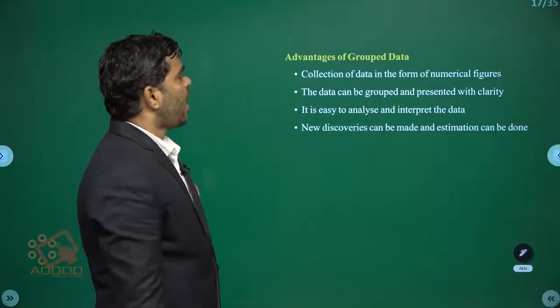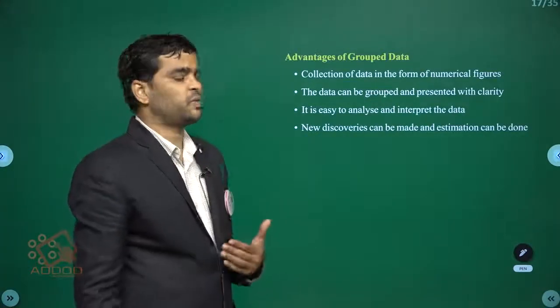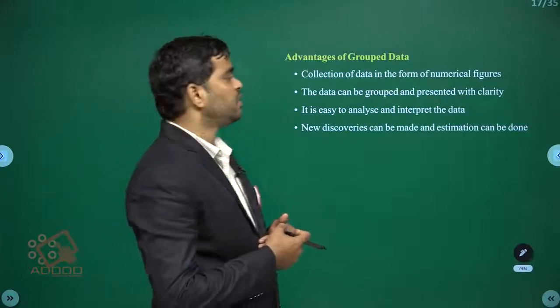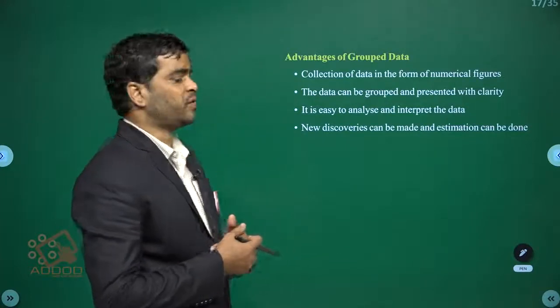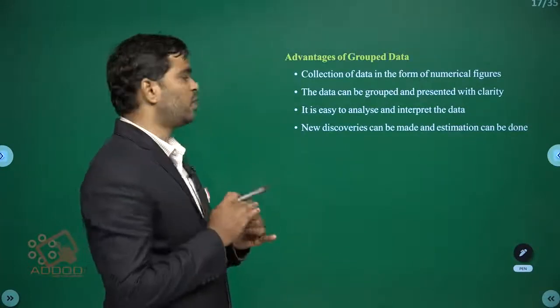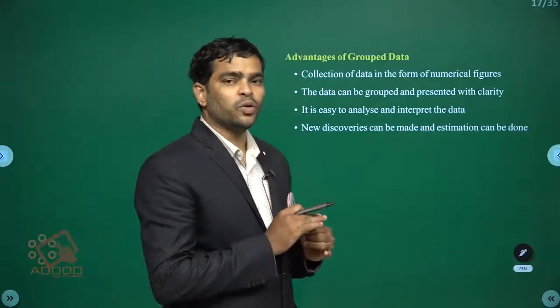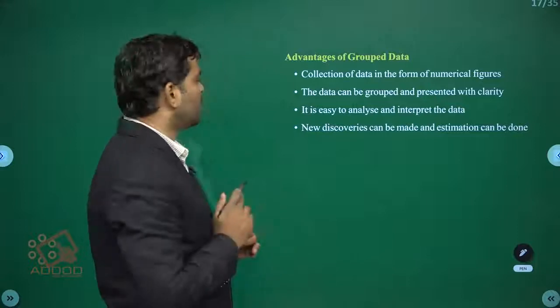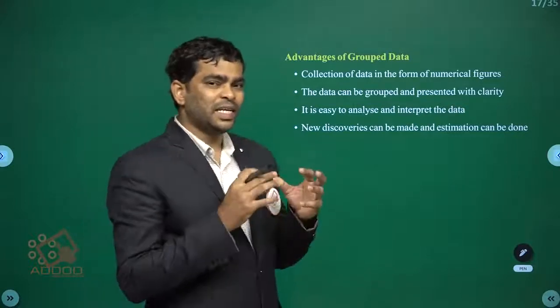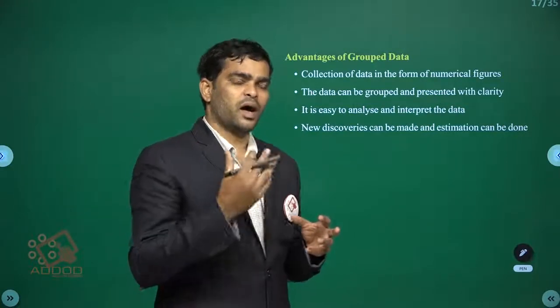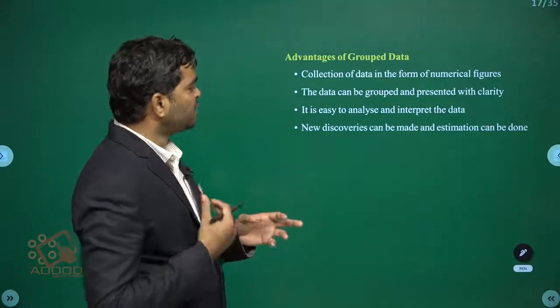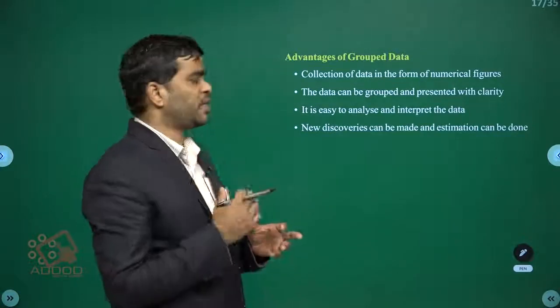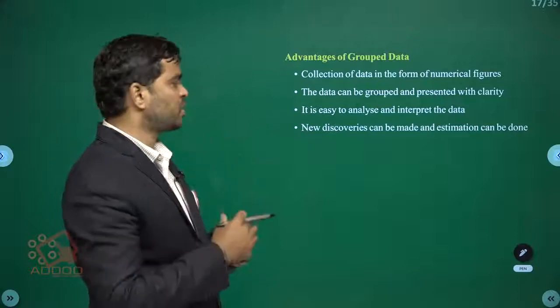Next, advantages of grouped data. Collection of data in the form of numerical figures, that is one of the advantages. The data can be grouped and presented with clarity, that is the second thing. Third, it is easy to analyze, and it is easy to interpret the data in the form of graphical representation also.